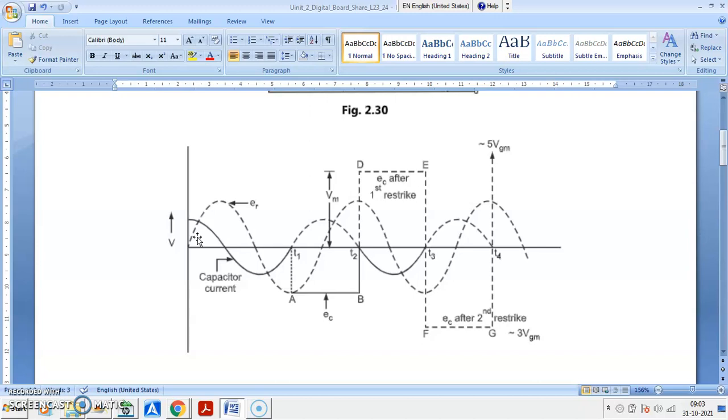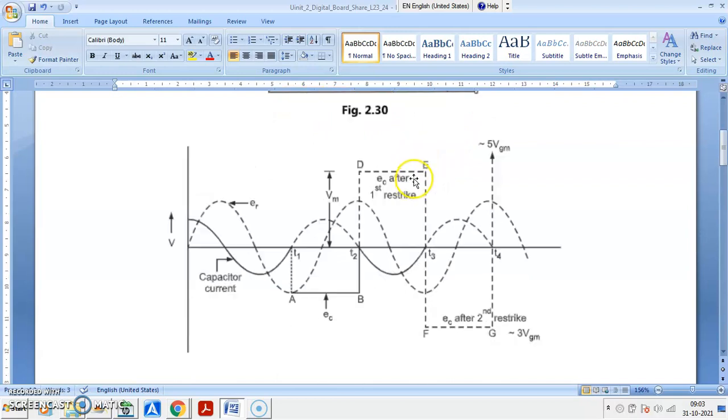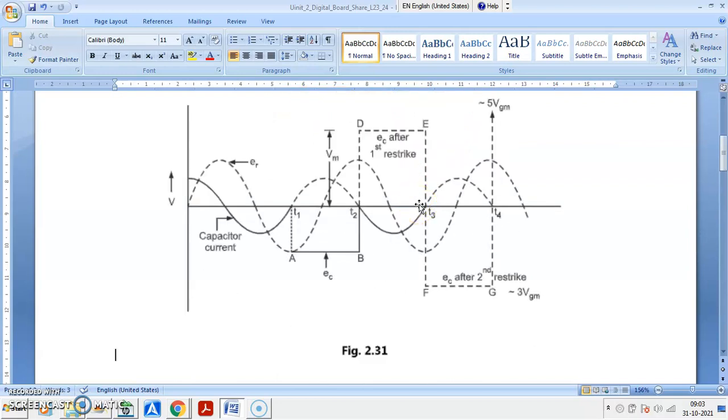If a restrike occurs between the contacts of the circuit breaker, the capacitor starts discharging through the LC circuit. You have this C and L. It discharges through the LC circuit, and the natural frequency of oscillation, which we have discussed, is 1 by 2 pi root LC.